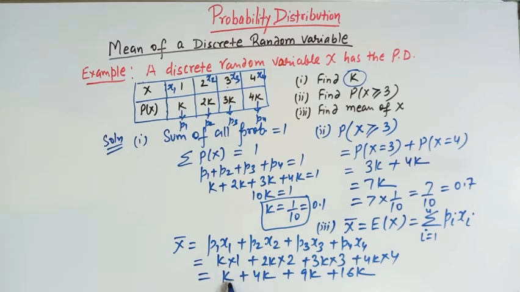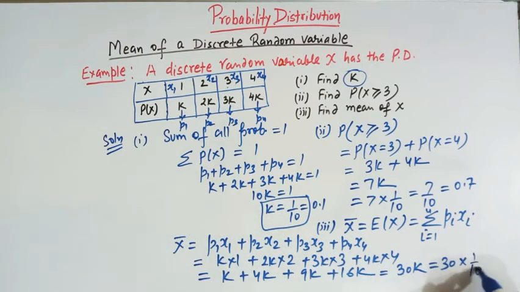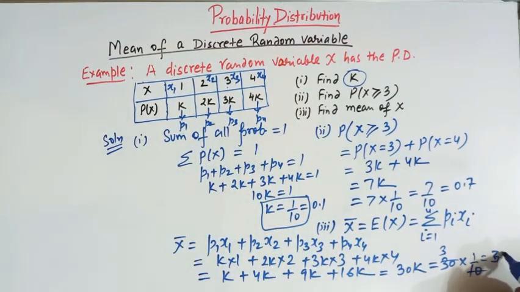So this is 16 plus 9 is 25, plus 4 is 29, plus 1, that is 30k, and the value of k is 1 by 10, so we have 10 threes, so the mean of this distribution is 3, right?